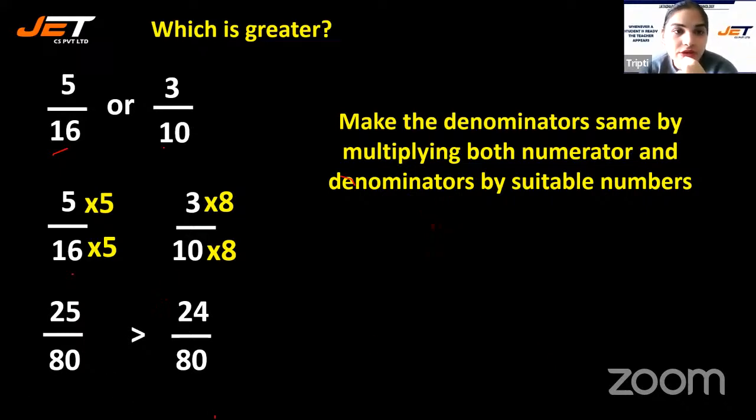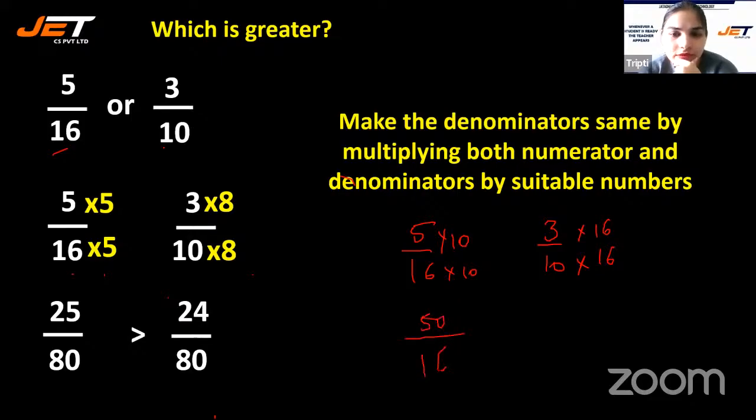Or what you can do is 5 by 16, 3 by 10. The way we were doing, multiply by 10, 10, 16, 16. Okay, 50 by 160, and 48 by 160, which is greater, this one.